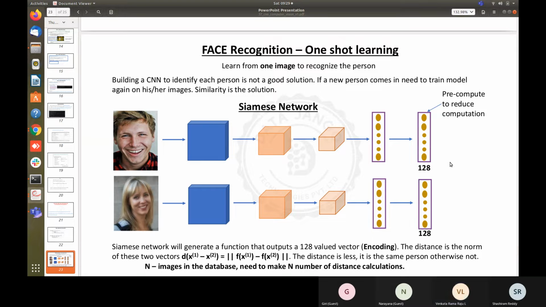So what is the advantage here? Now a new person came in. When a new person comes in, we will not train the whole network. We'll train on that person's positive and negative images only, and generate this 128 vector. Or we don't even train it. We'll have a network where we pass the images, and it will generate the 128-vector representation.